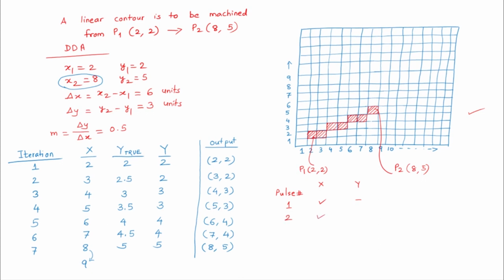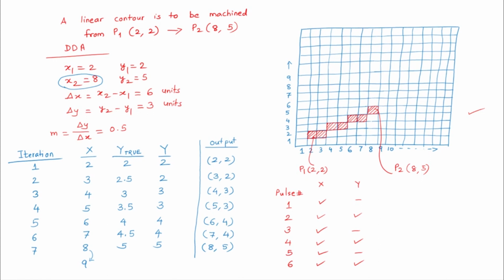So 2 pulses are required, X as well as Y. Then in the third, we have to give the pulse only to X. There is no need to give any pulse to Y. Then in the next, we have come to this point, we have to give pulses to both X and Y. Then next, we are only giving along X, there is no pulse to be given along Y. Then at the end, for the sixth, we have to give pulses to both X and Y.